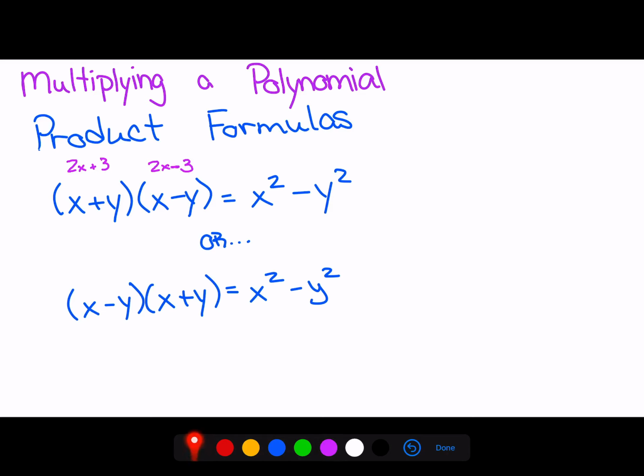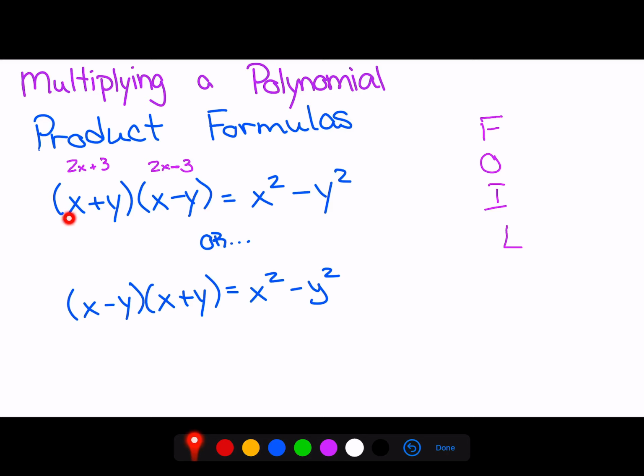Again, they're the same terms, 2x and 2x, 3 and 3. The only thing that's different are the signs in the middle. I have a positive and a negative. If you see something like this, you can still FOIL. If you're not comfortable memorizing this yet, I'm okay with FOIL, you can do that. But this is a shortcut.